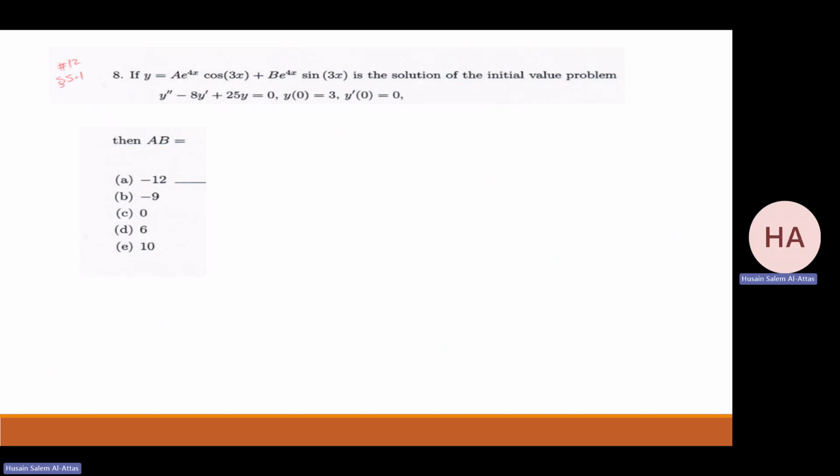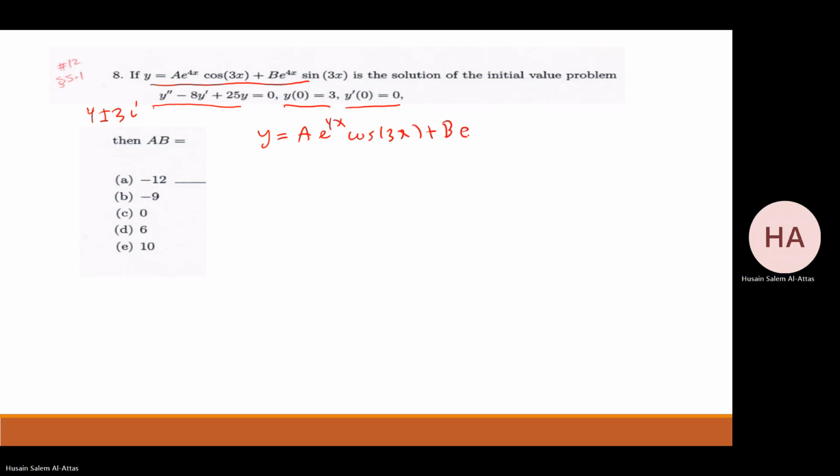If this is the solution of this initial value problem, now he gave me alpha and beta. He gave me the solution; I want A and B. Very clear, alpha is, this is 4 plus or minus 3i. I don't care about this. I have the solution and I need to find A and B using the conditions. So this is cosine 3x. I need y prime.